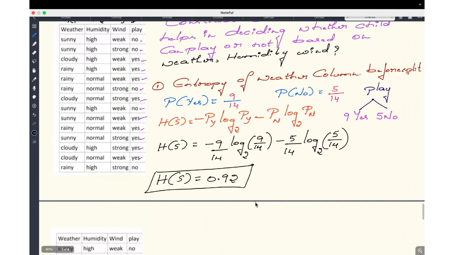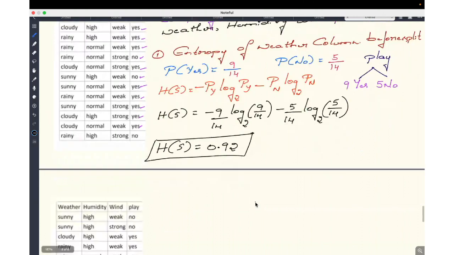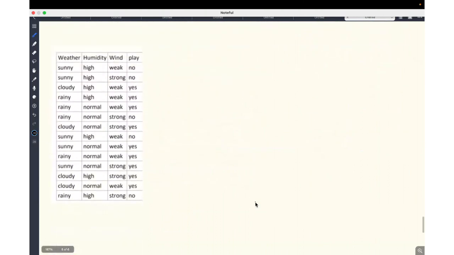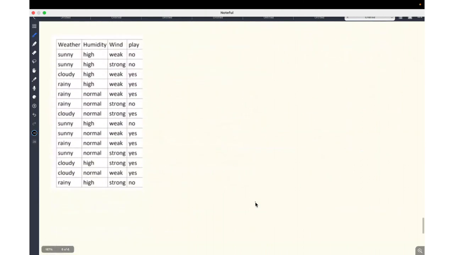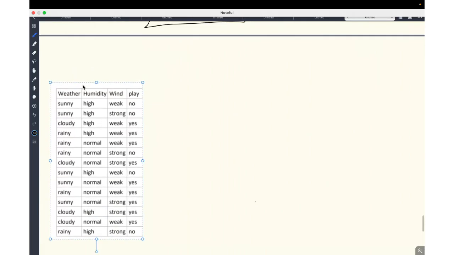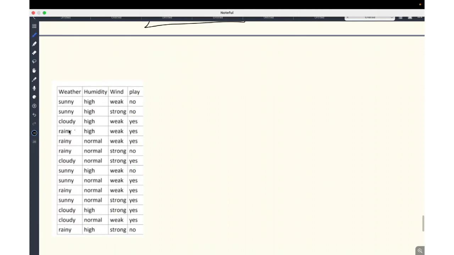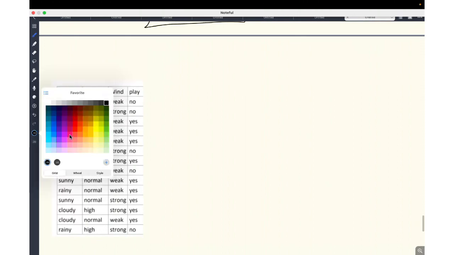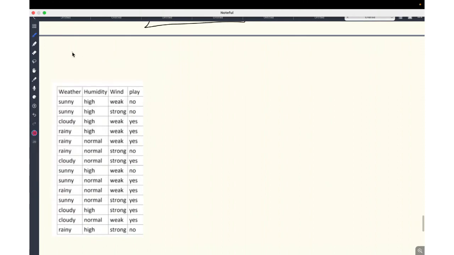Yes. Okay, next one. So now we'll start taking explicitly one specific column and we'll try doing all the calculation. So I'm taking the weather column. The second step is, once you find it, you have to split the categories in the weather column, right?